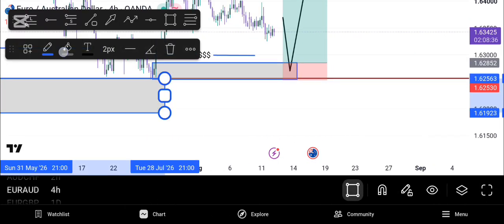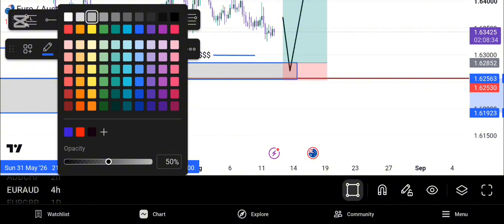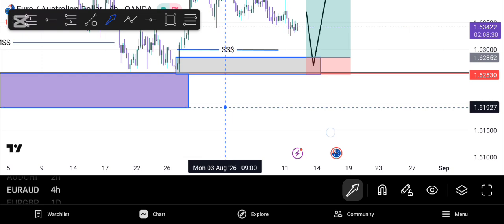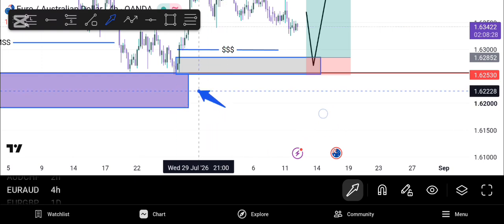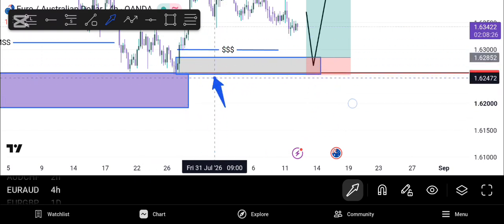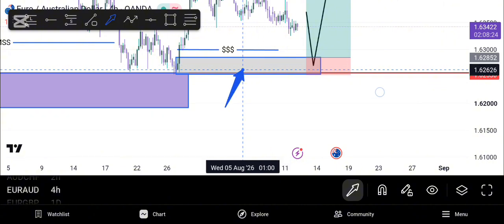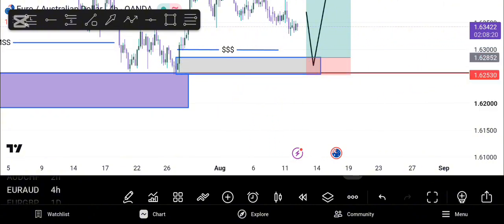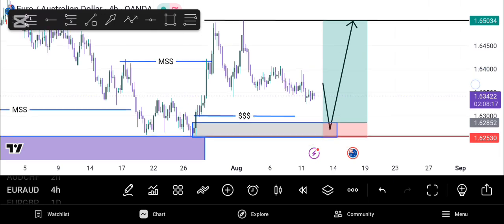Let me put that in another color, maybe purple. So this daily order block has been mitigated right here. It got tapped, and then price pushed up, and right here this is a 4 hour order block. We're looking to continue buying this market to the upside.